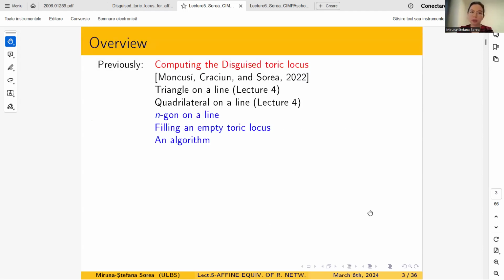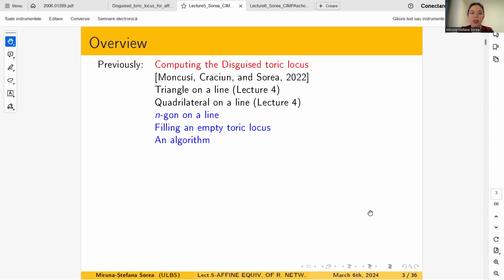What is the overview? I just want to recall what we saw previously. We saw all the terminology, some properties of reaction networks and of toric dynamical systems introduced by Craciun, Dickenstein, Shiu, and Sturmfels, so that we reached in the end an understanding of what the disguised toric locus is.